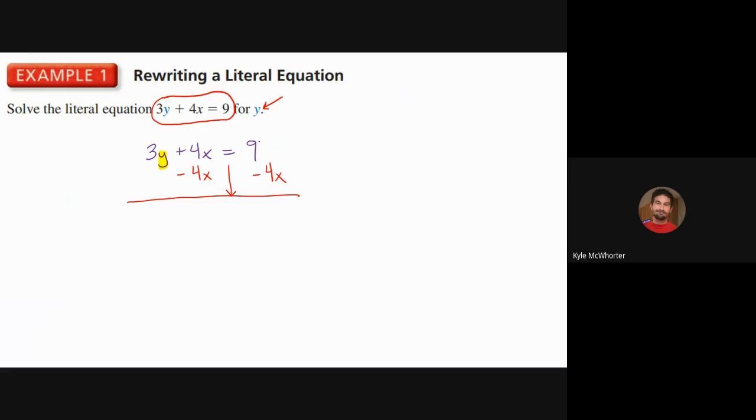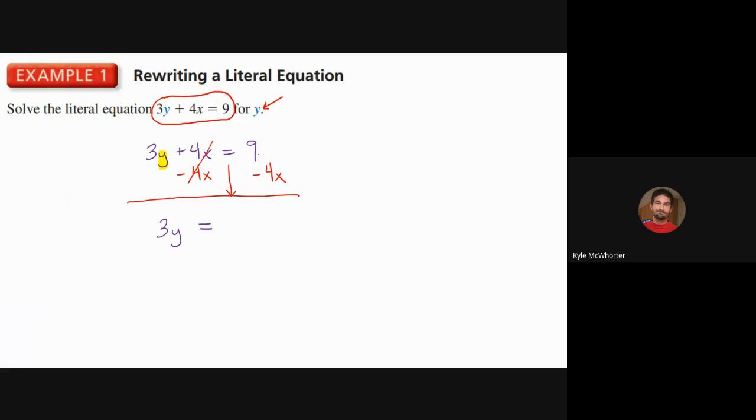Now we have to be really careful because we did inverse operations to both sides of the equal sign to get this plus 4x away from our 3y. So now we have 3y equals, on the right side, 9 minus 4x. It's a very common mistake for students, when doing inverse operations to both sides, to combine things that are not like terms.